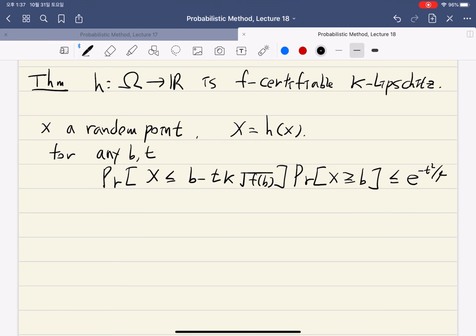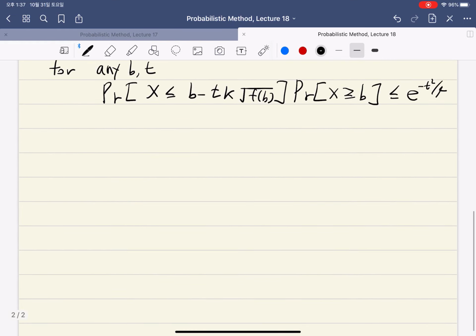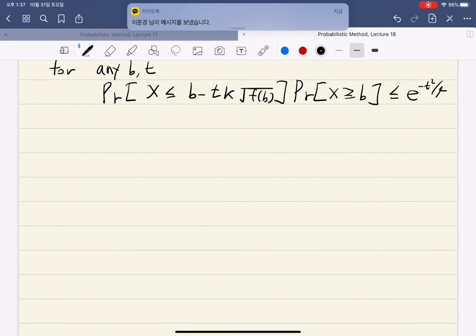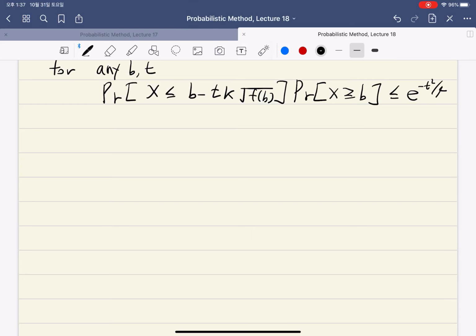So now we will consider some examples of application. Let's consider the following.